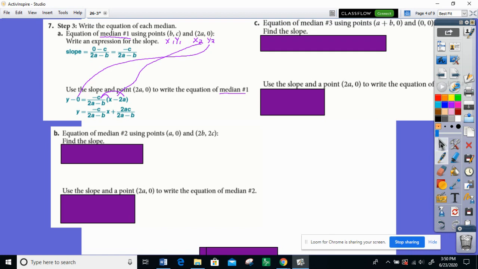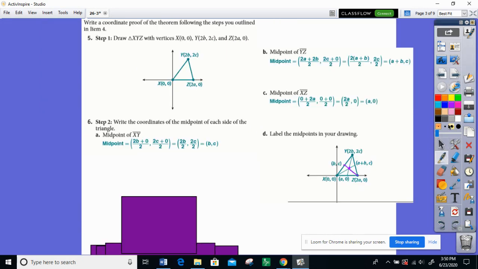All right, so we're going to do the same thing now for median 2 using the points a comma 0 and 2b comma 2c. So that's going to be the median connecting point y to its opposite midpoint.